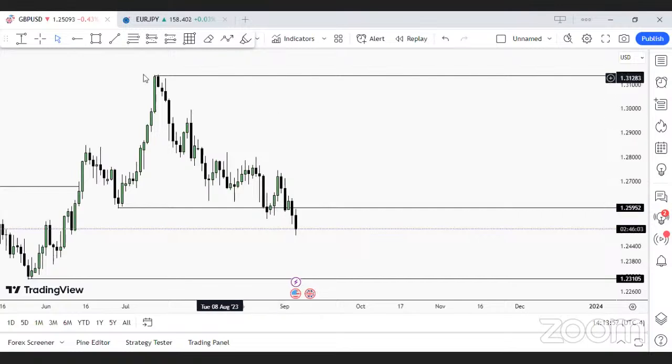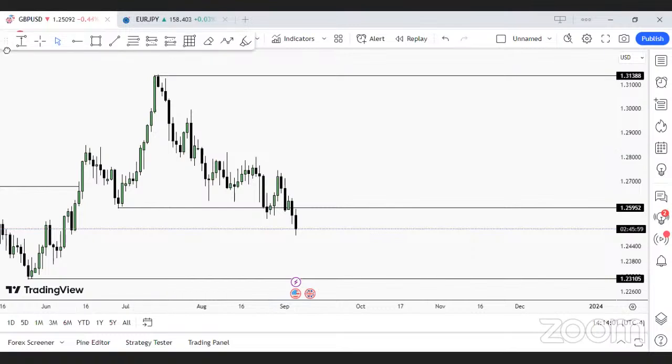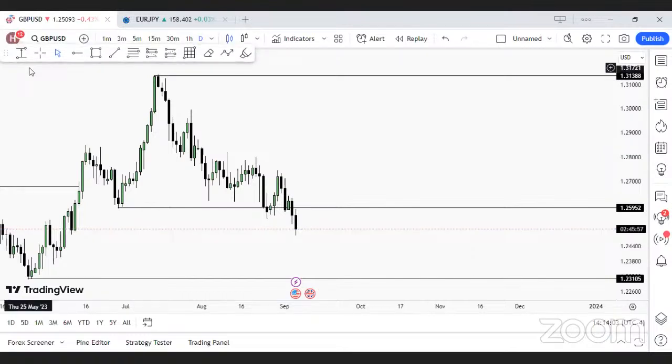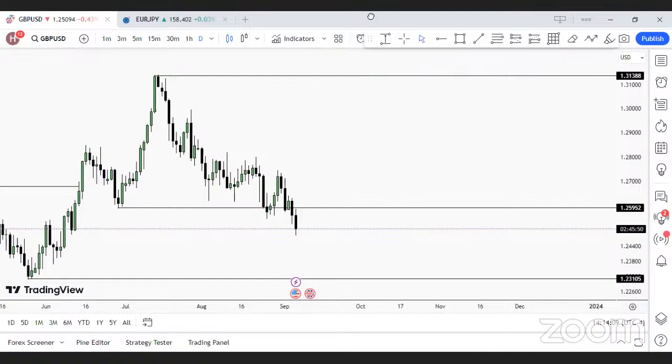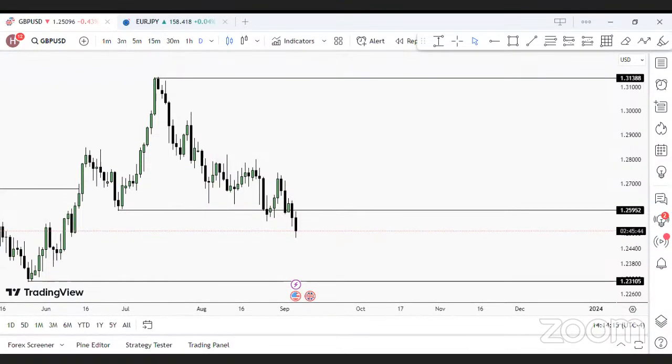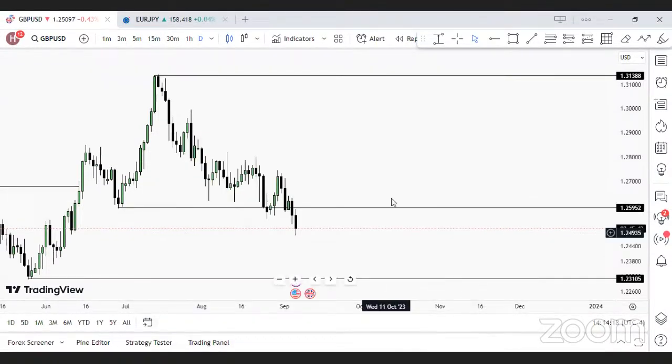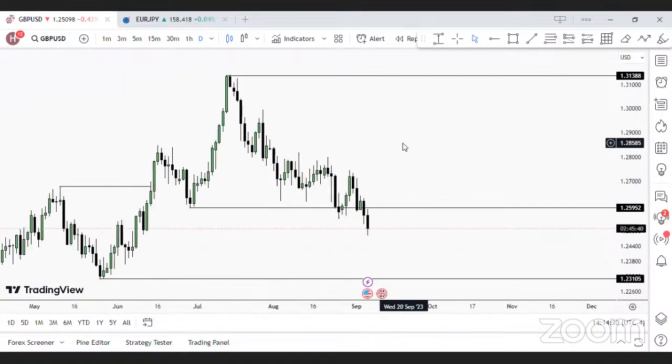So now this market, let me just take this. So this market right here, you see, this is the recent low.